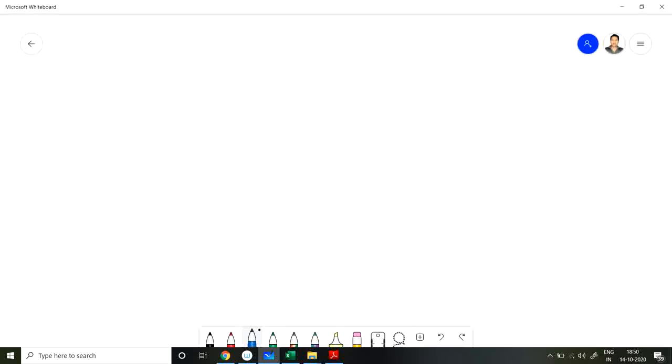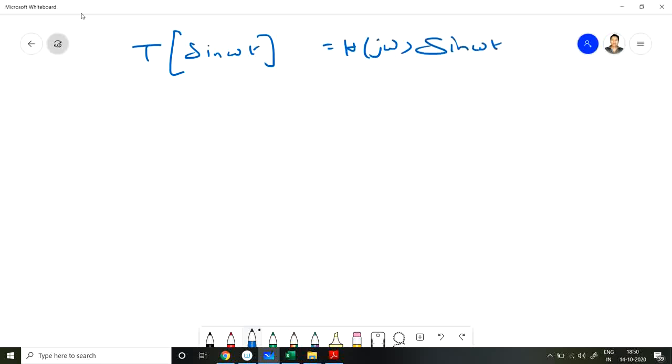Now similarly, what we are getting is that, inside the system, if we apply sin omega t, that is equal to H(j omega) sin omega t.